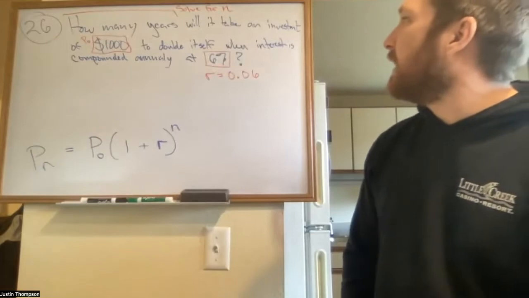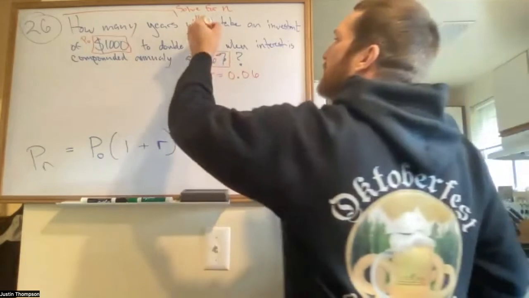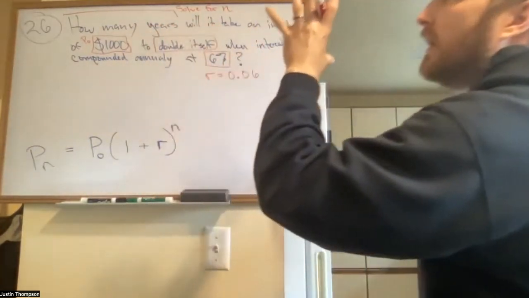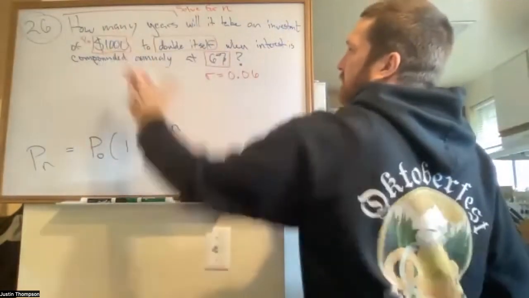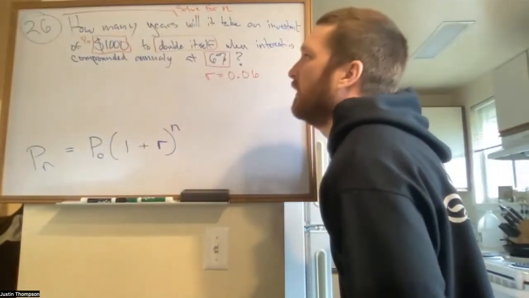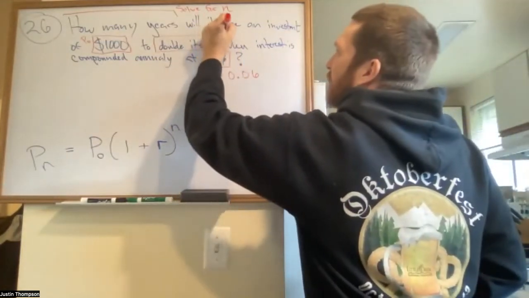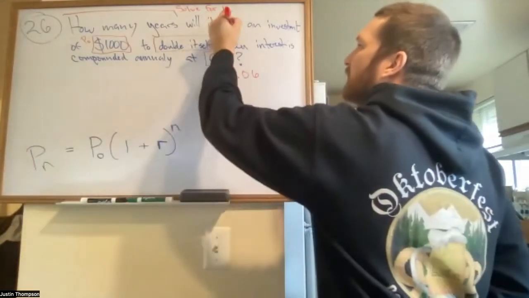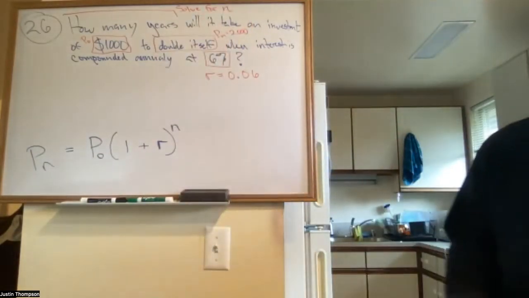But it says, how long will it take to double itself? What should the output be if something has doubled itself? 2,000, right? The return on the investment doubles itself means it should come out to 2,000.